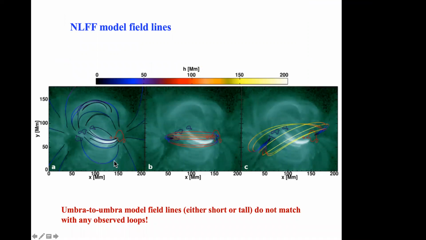Once we were confident that they matched well enough, we tried to trace the umbra to umbra connections. And we found there are many loops that connect sunspot umbra to sunspot umbra, either short or long, and none of these match any of the observed loops, not only in AIA 94, but in any of the AIA channels.